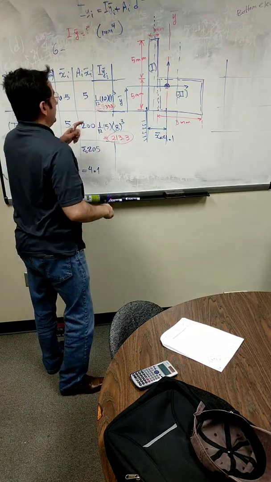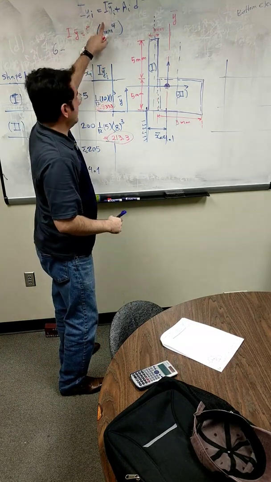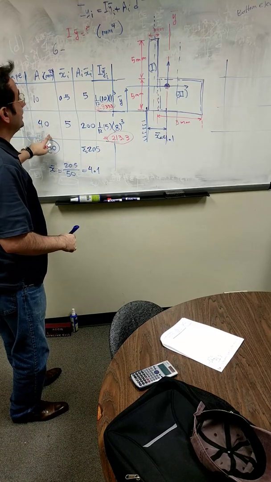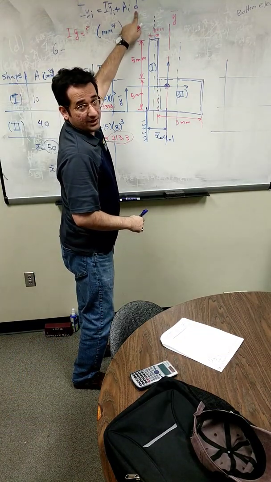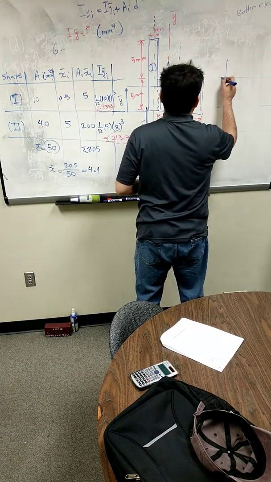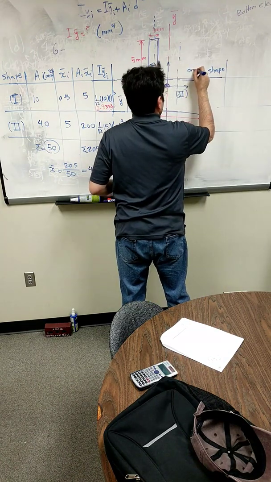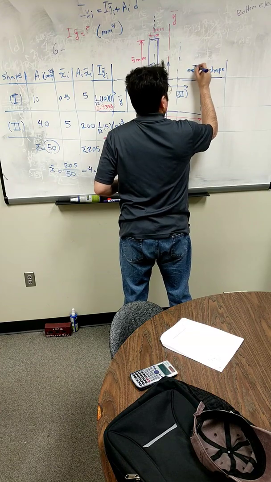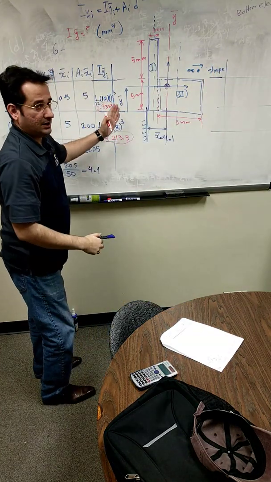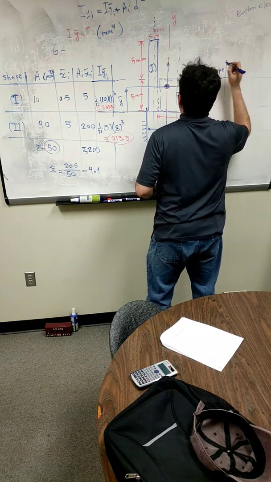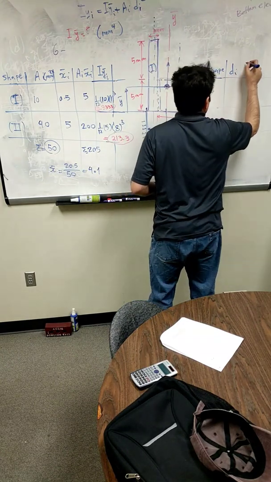So I already have this one in this column, and I also have A_i. What I need is a column for D. This is just a continuation of the same table. So I put distance d_i for each shape.